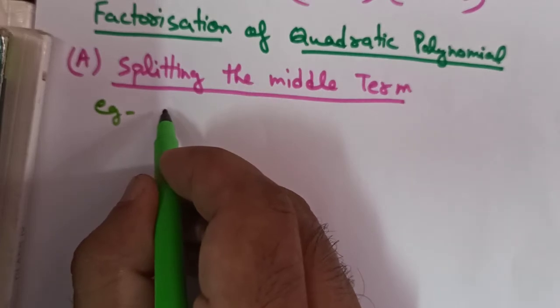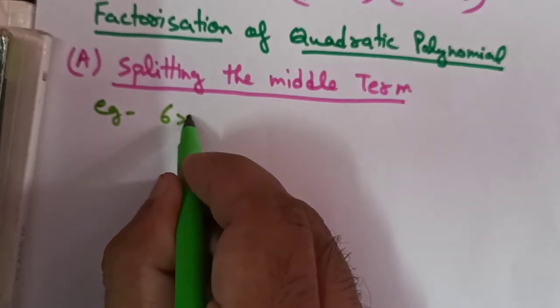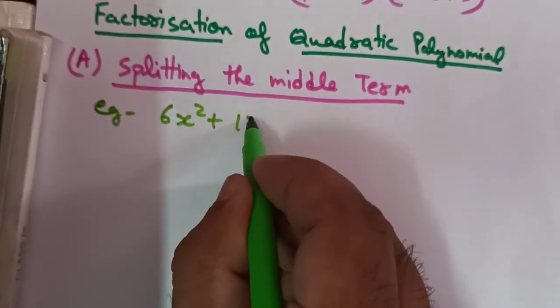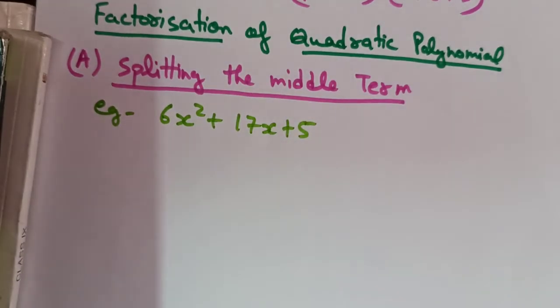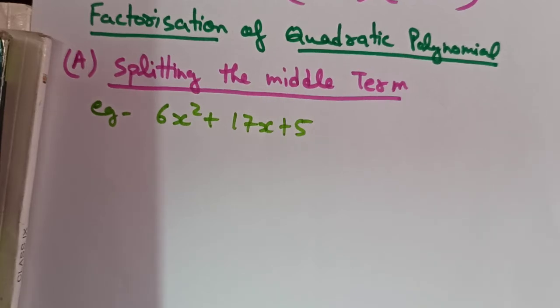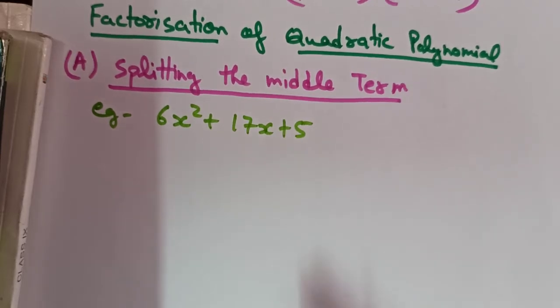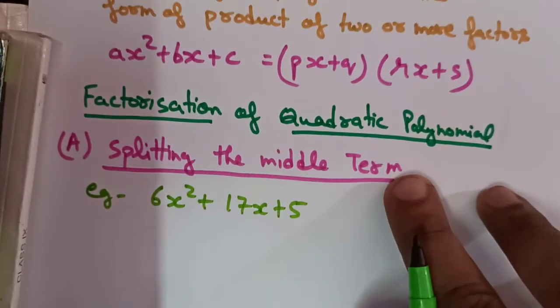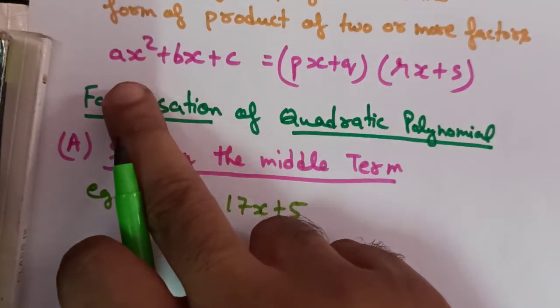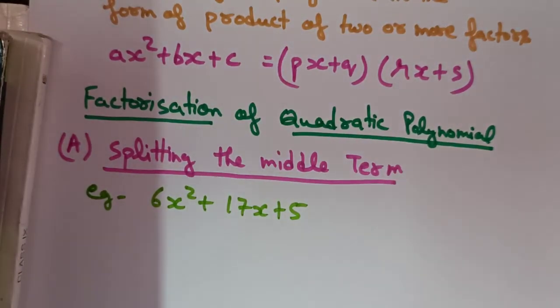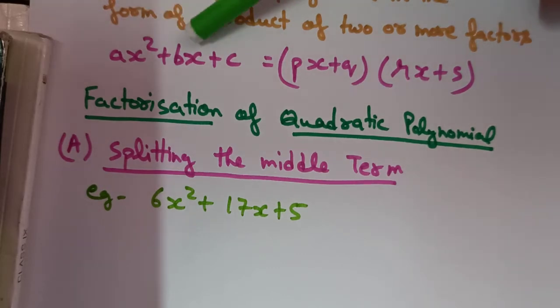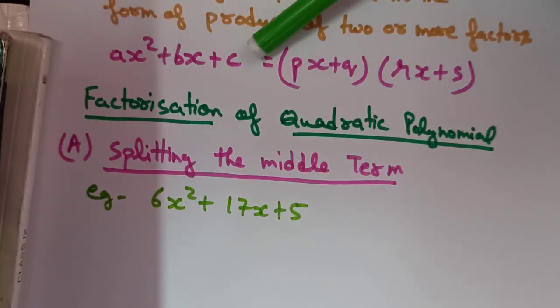I have taken a quadratic polynomial 6x square plus 17x plus 5. Here I have expressed the quadratic polynomial as ax square plus bx plus c, where a, b and c are the constant terms.